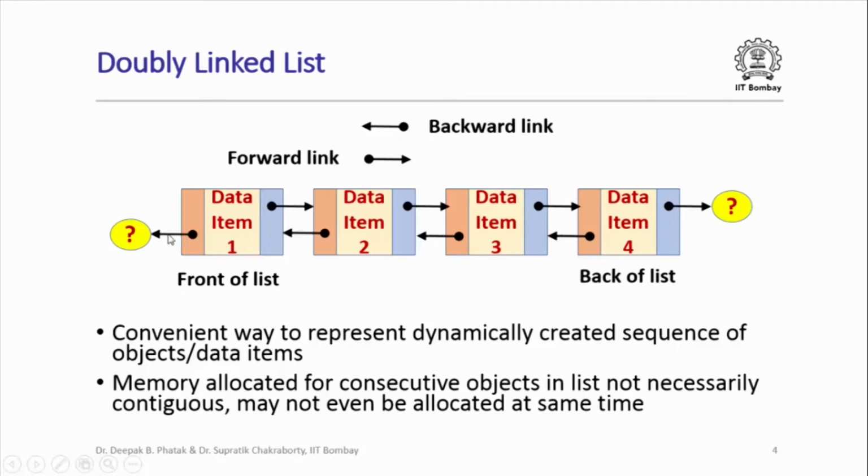Well, depending on the implementation, these might be set to null or to other specific values. When we are using the template class list from the C++ standard library, we absolutely do not need to worry about what these dangling links or dangling pointers are pointing to.